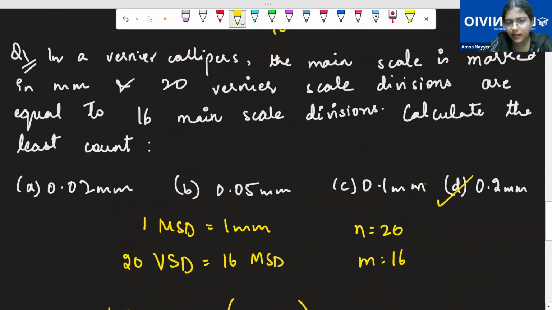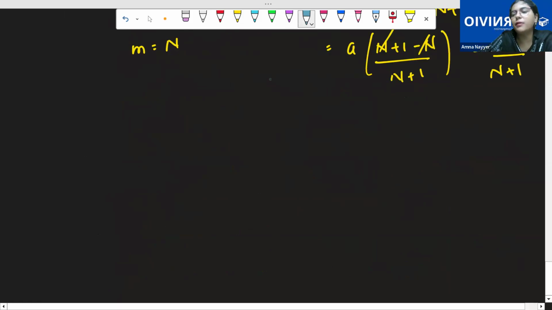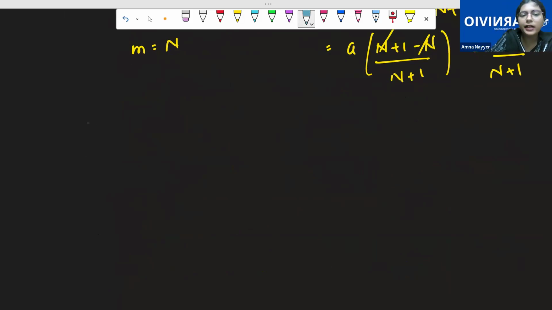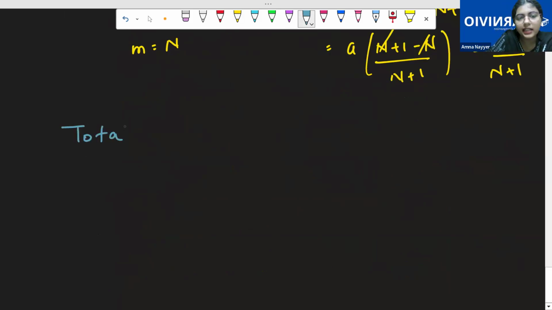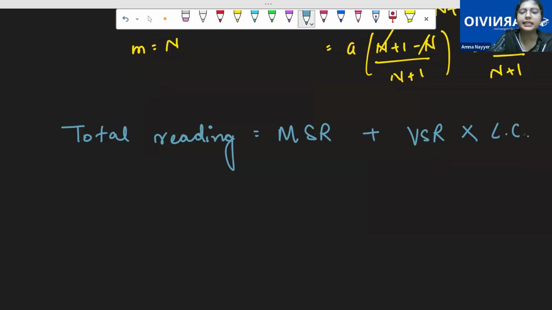There is just one more thing that has come in the exams. This was just about the main scale division, the Vernier scale division and the least count. How do you actually give the total reading? Total reading is given by main scale reading plus Vernier scale reading multiplied by the least count.